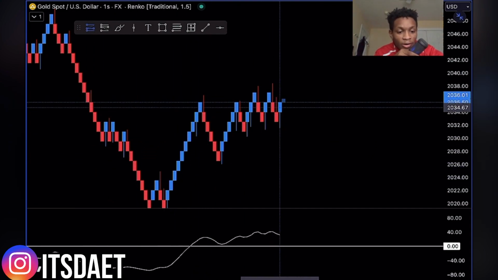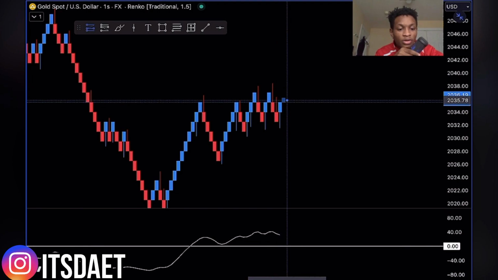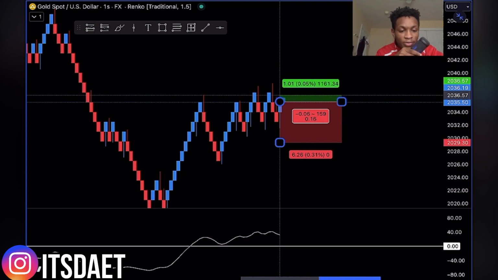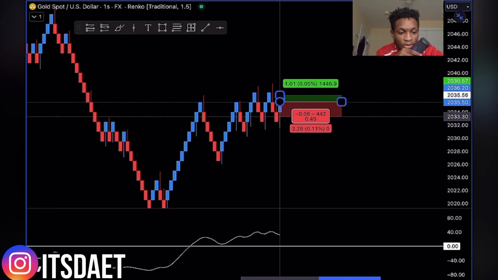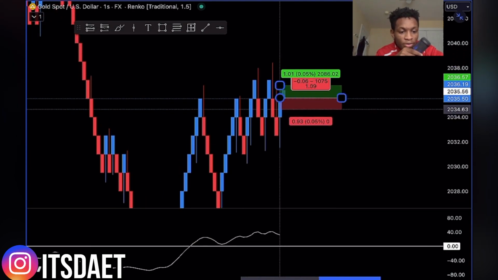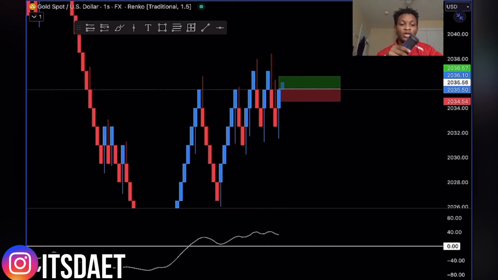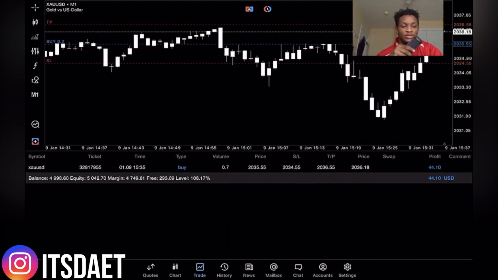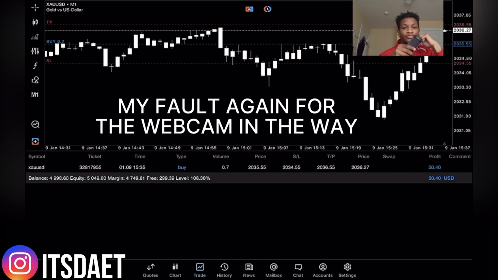Let's go ahead and put this in real quick. I also need to create a template. This is basically my trade right here. Like I said, I'm an aggressive scalper. Super simple.